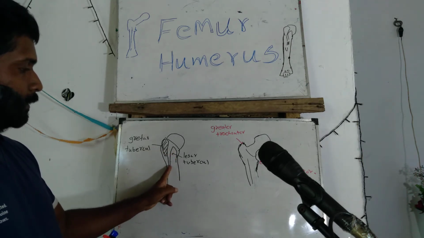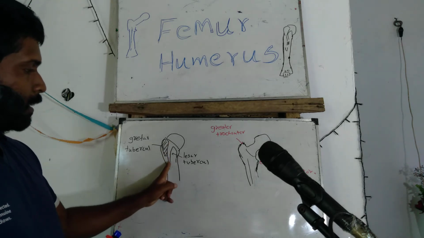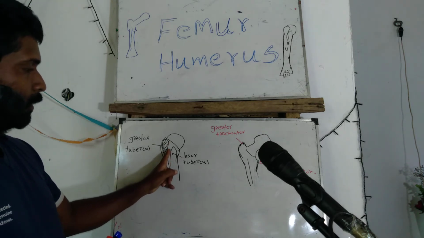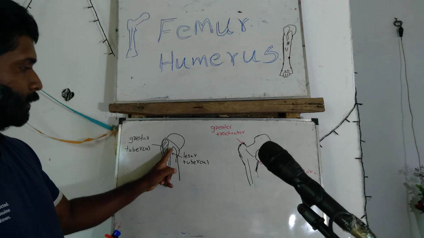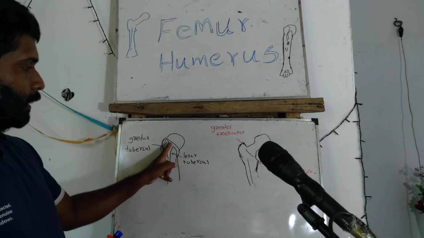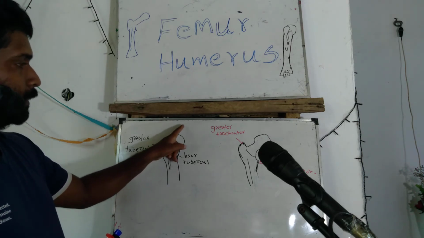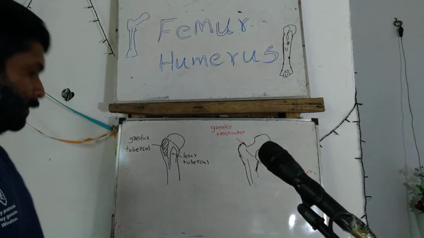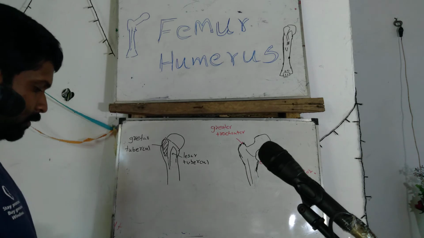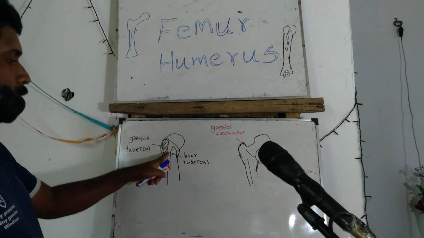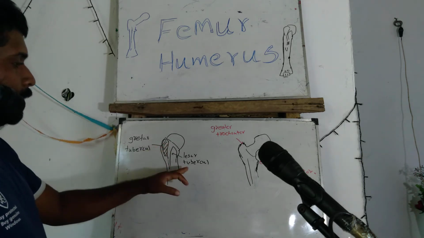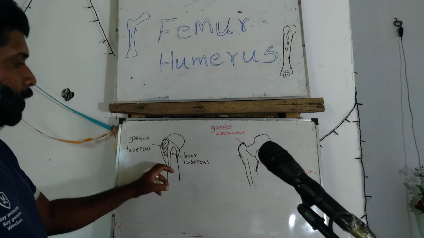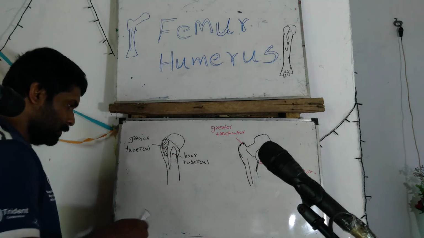The tendon of the biceps brachii muscle goes through this groove, the intertubercular sulcus, and inserts at the supraglenoid area of the scapula. We call this area the intertubercular sulcus.